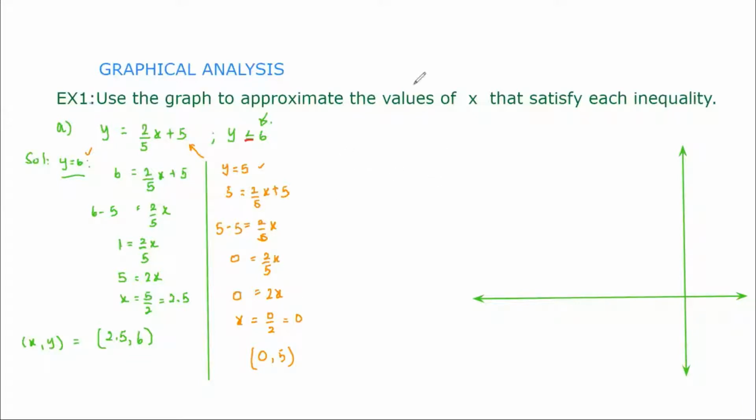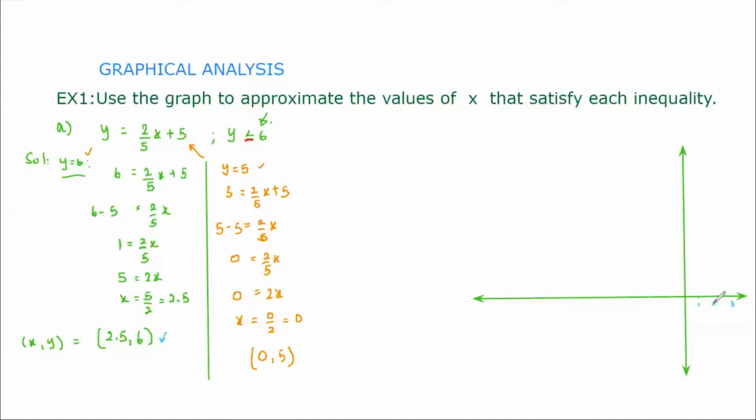Now we plot the graph. We plot this one first, x 2.5, y 6. Assume the scale is very small here: 1, 2, 3.